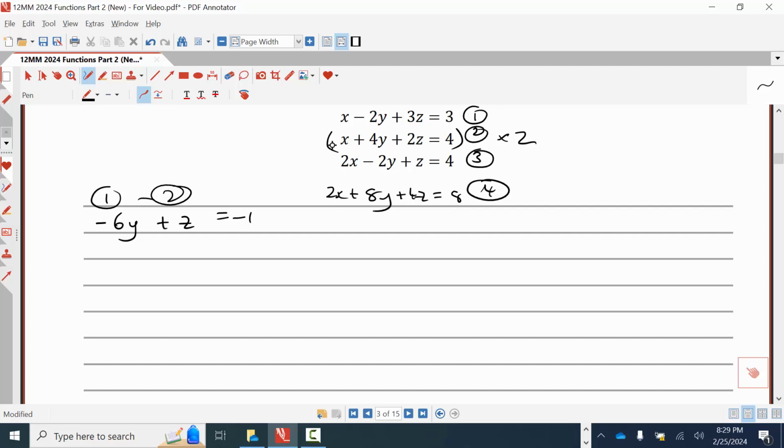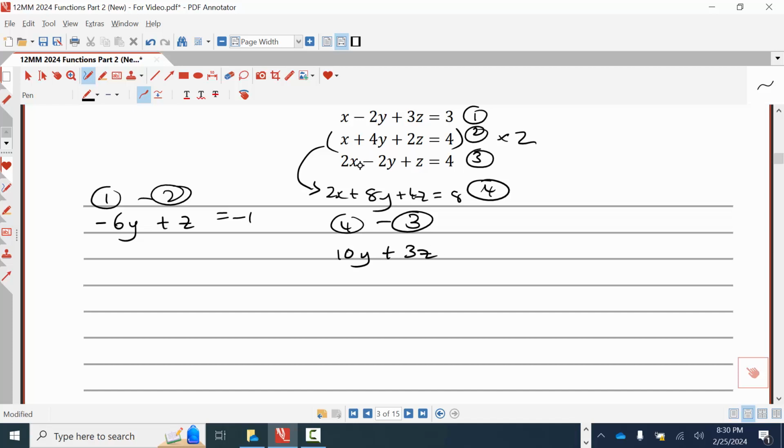So that's just this equation here rewritten. Okay, so now what I'm going to do is eliminate the x. So I'm going to do 4 take away 3. All right, so that's going to be 10y plus 3z.